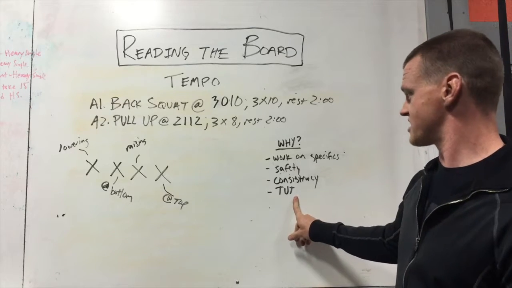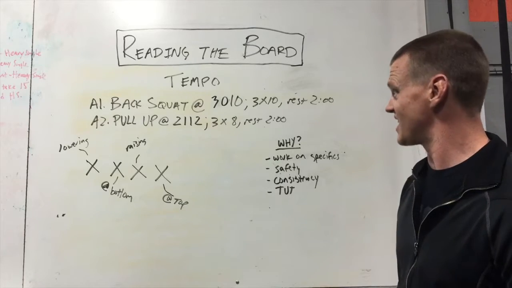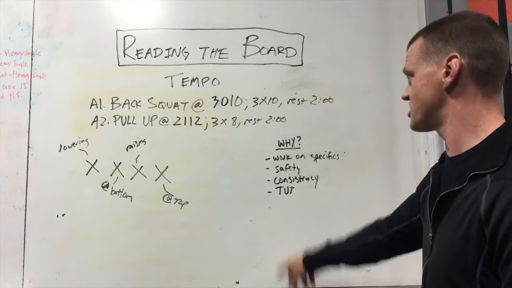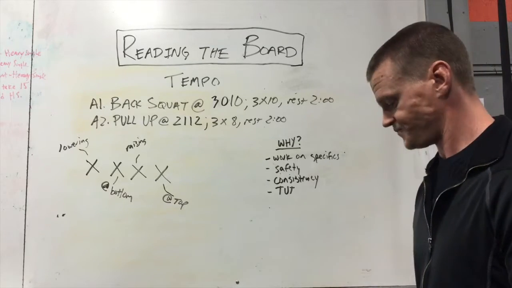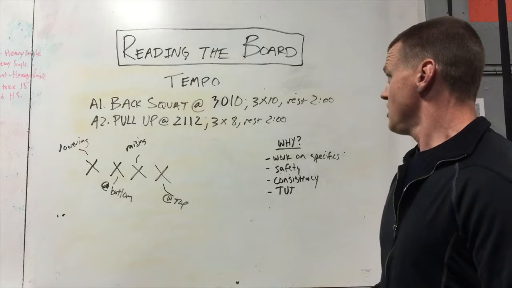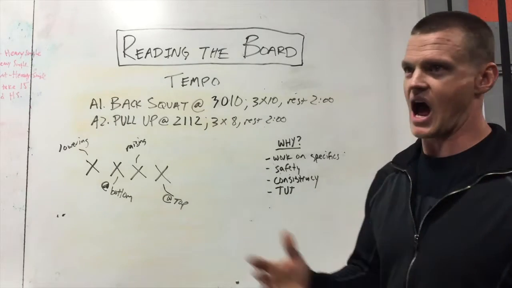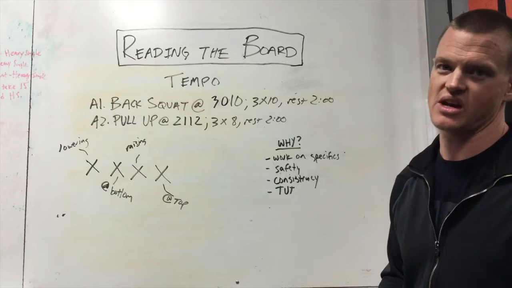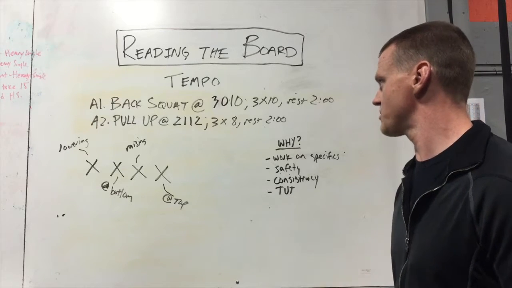Another great benefit of the tempo is that it allows us to have control on how much time under tension we have for a movement and for a set of work. Whenever we have a higher time under tension, we're generally working on what we call hypertrophy, developing more muscle fibers and bigger muscle fibers.